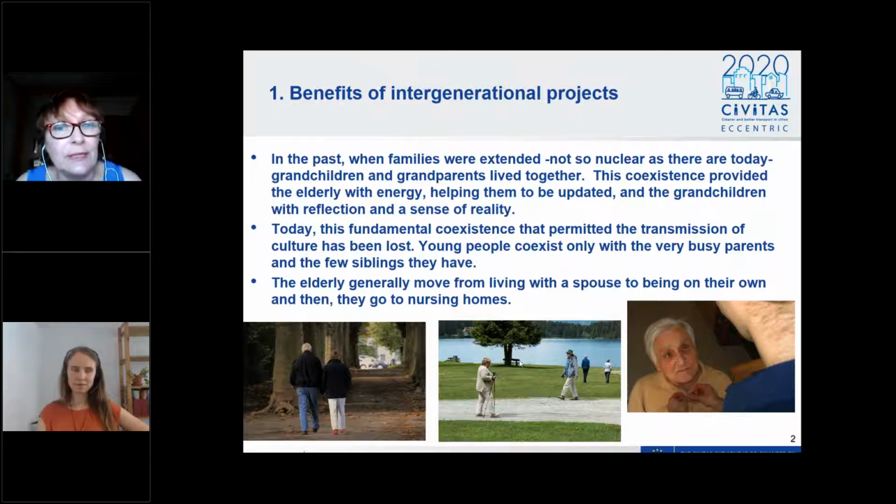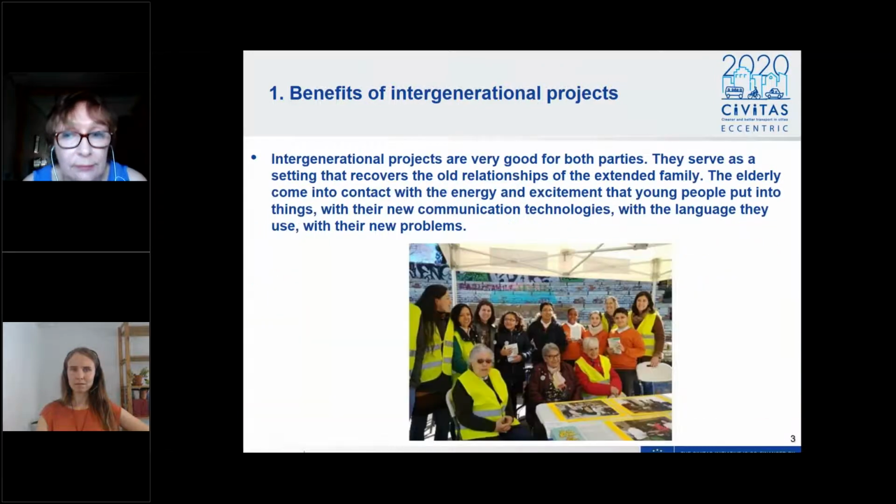Today, this fundamental coexistence that permits the transmission of culture has been lost. Young people coexist only with their very busy parents and the few siblings they have. The elderly generally in Madrid move from living with a spouse to being on their own, and then finally they go to nursing homes.